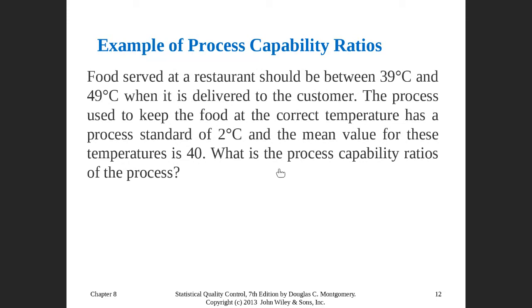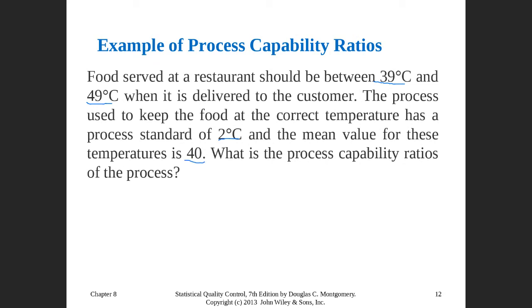What is the process capability ratio of this process? What will be the upper specification in this case? So the upper specification is 49 and the lower specification is 39. The standard deviation is given as 2 degrees Celsius and the mean as 40.